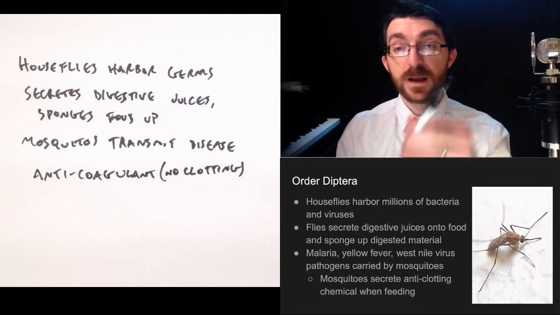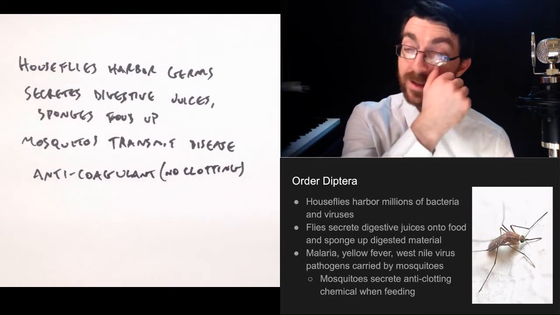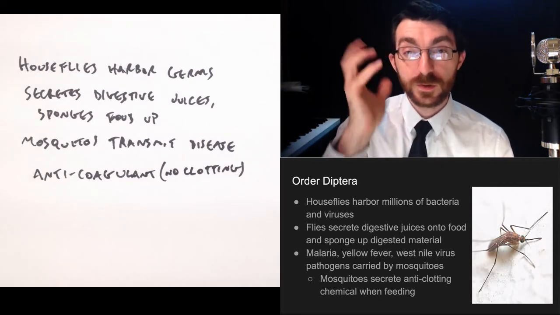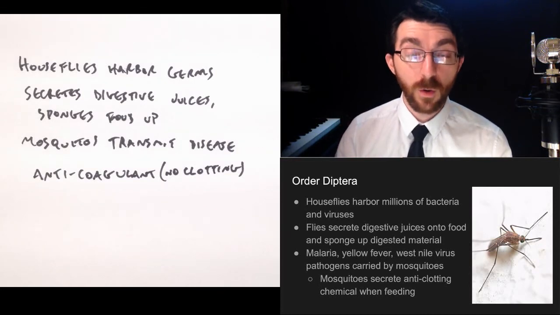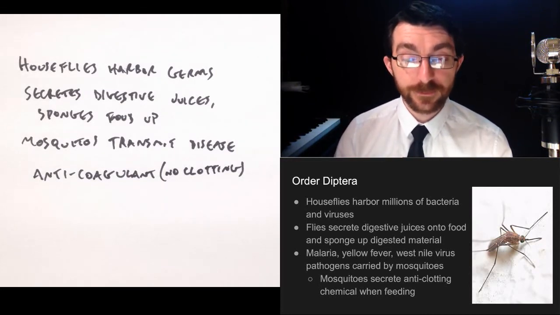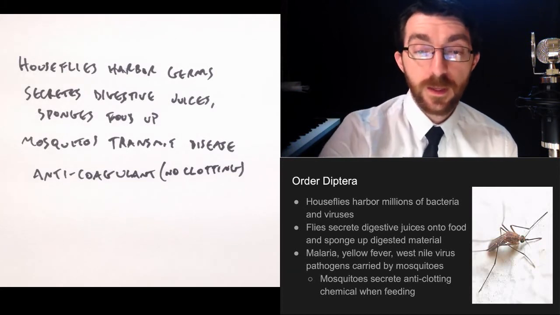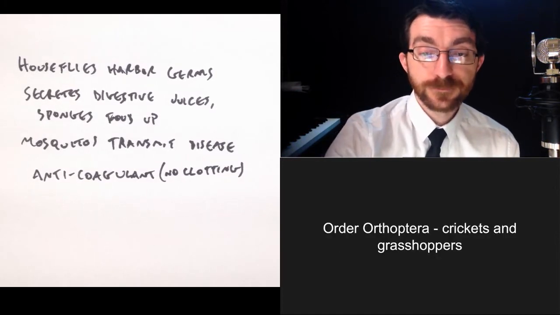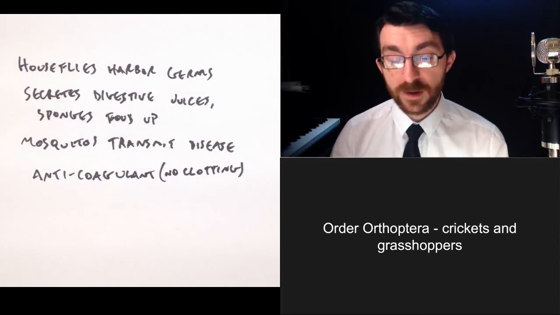But the thing is, if your blood vessel is broken and you're bleeding, one thing that your body will do is patch the hole with a clot. They have something in their saliva that prevents that clot from happening, so that the food supply, your blood, is not interrupted. Thanks, mosquitoes.